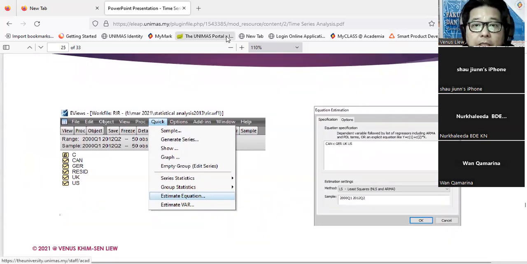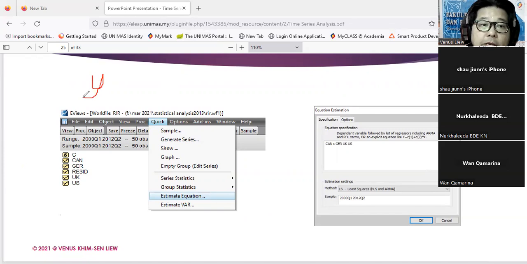Ordinary least squares. Let's say I want to know the movement of this variable y at time t. Y may be the real interest rate of one country, let's say the UK.